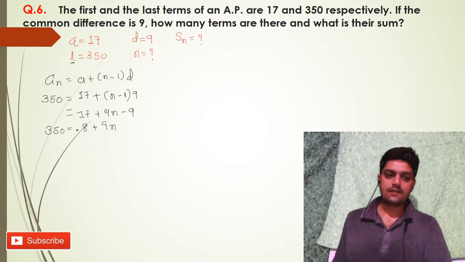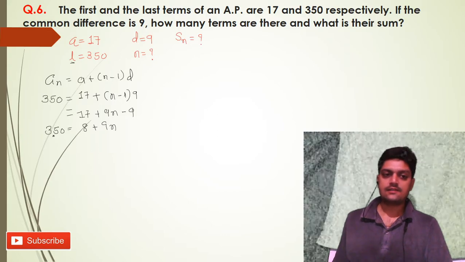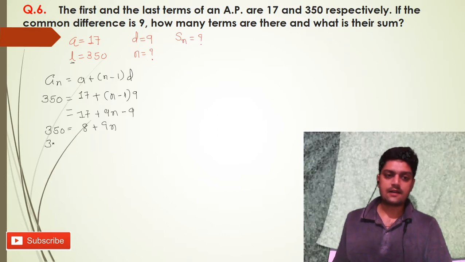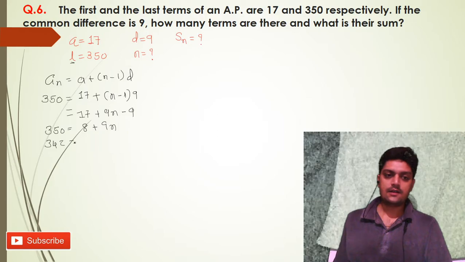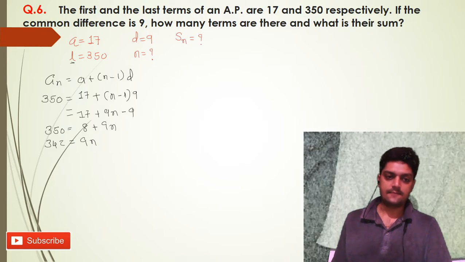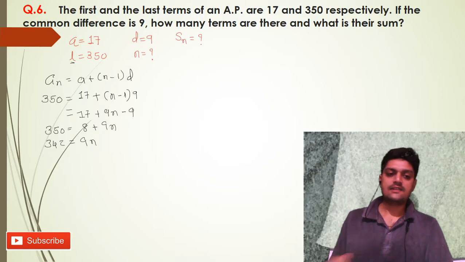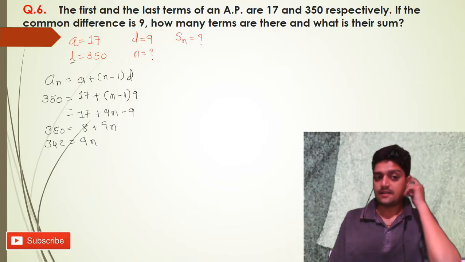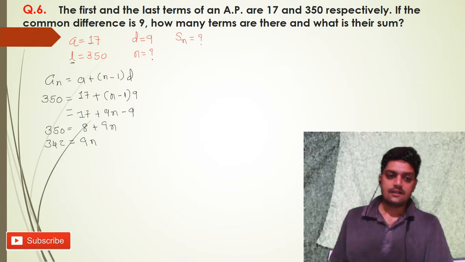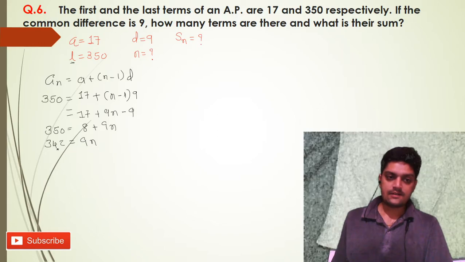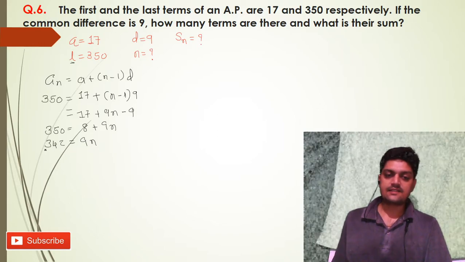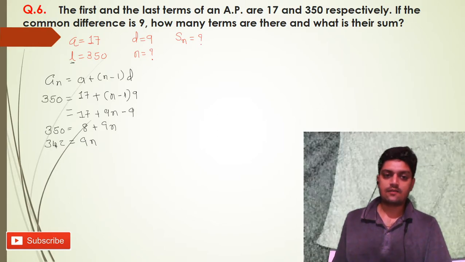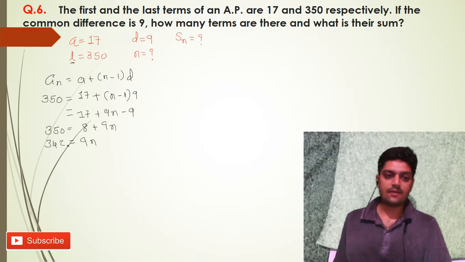So now 350 minus this 8, I will cut one step, so directly I will write 342, that is 9n. See, 342 is divisible by 9. Why? Because 3 plus 4 plus 2, 3 plus 4 is 7, and 7 plus 2 is 9. The sum of all digits is 9, and 9 is divisible by 9.